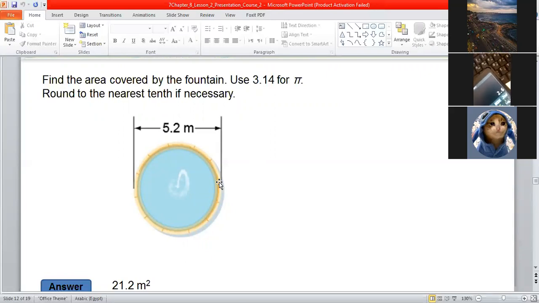I do it again on the calculator: 5.2 divided by 2 is equal to 2.6. Now I have the radius, right? I will write the rule. What is the rule of the area? The rule of the area is pi times r squared, and pi is equal to 3.14.